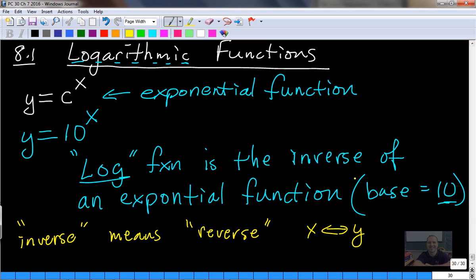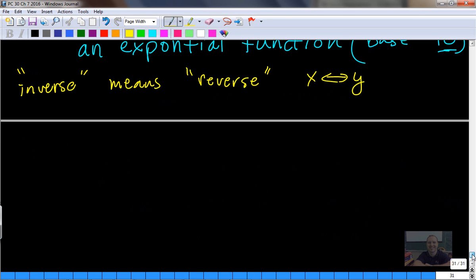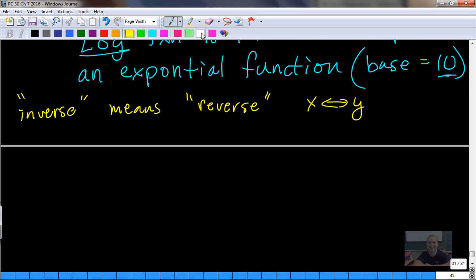And so let me just explain to you, just something here, okay? So I'm just going to move this down a bit and keep copying that. But if we have this, okay, y equals 10 to the power of x, that's an exponential function. If we were going to find the inverse function, we would reverse the variables.